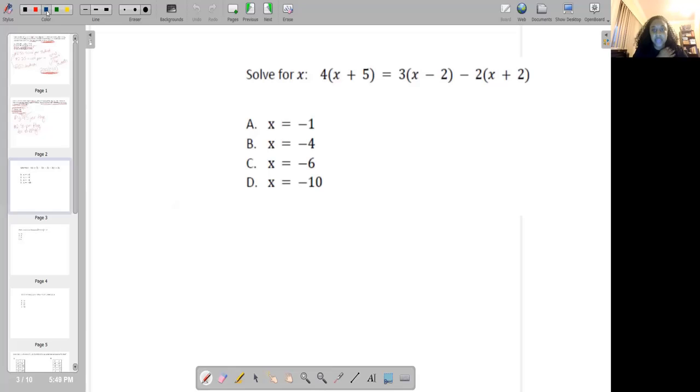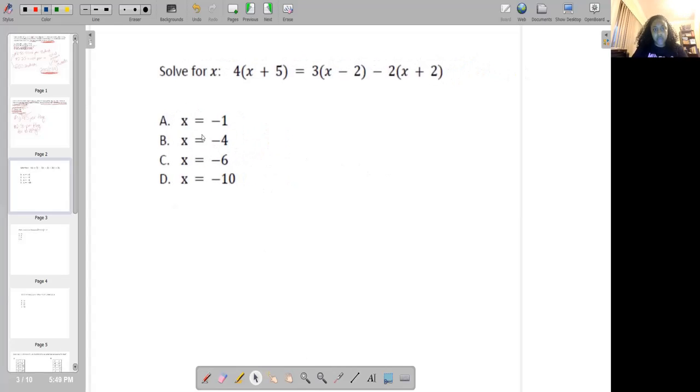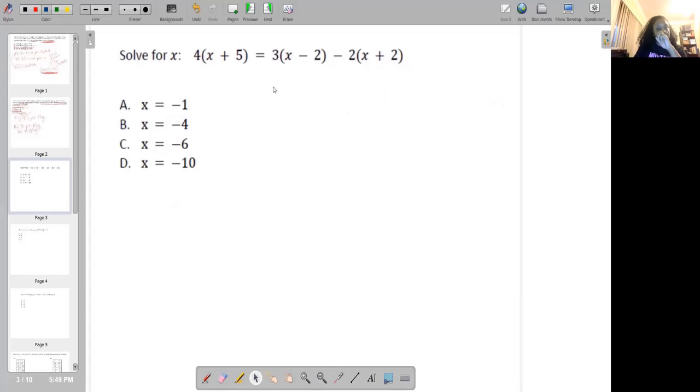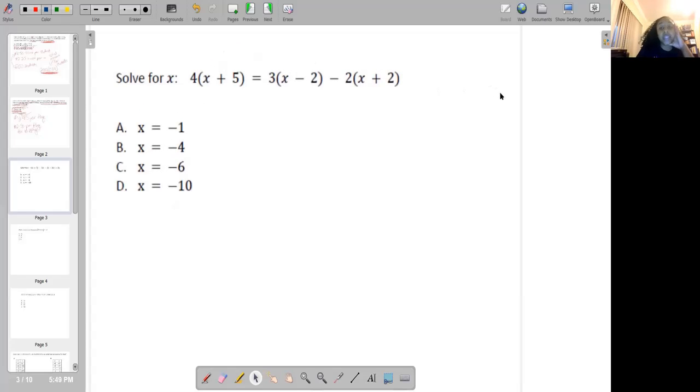We take a look at this problem here. For this problem, we're solving for X, right? Anytime you see parentheses, it automatically lets you know we're going to be using the distributive property. Parentheses with something directly outside of it, like this 4, is going to be multiplied into the X and the 5. Remember, distribution is a process of multiplication. So 3 times X, 3 times -2, and this is a -2 times X and -2 times 2.